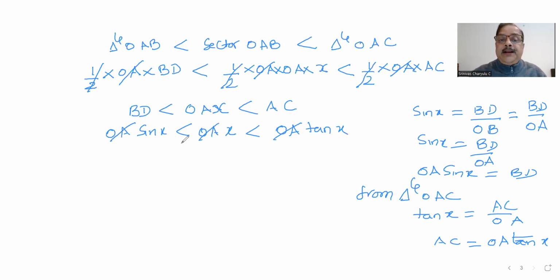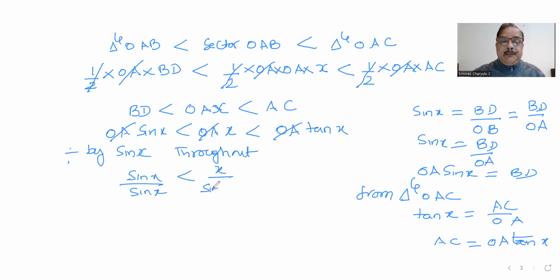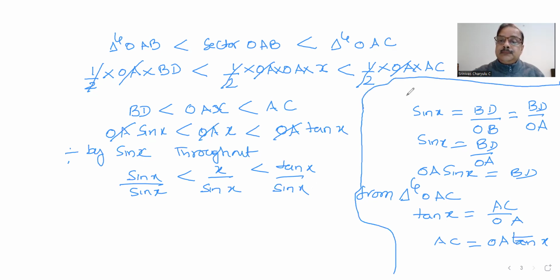Now you divide throughout by sin X. What I'll get? Sin X by sin X, X by sin X, tan X by sin X. So sin X and sin X you cancel.